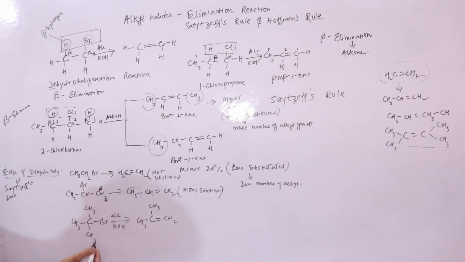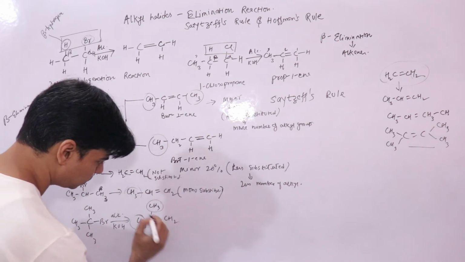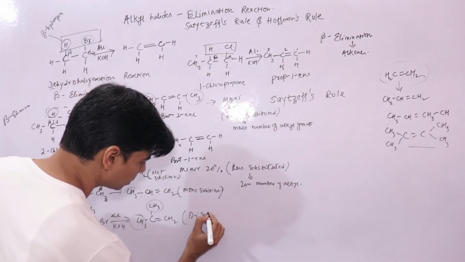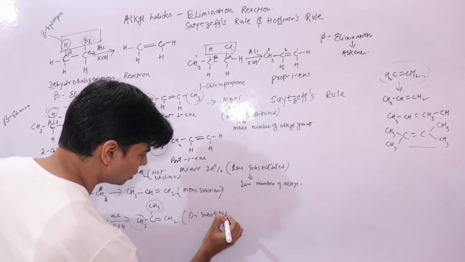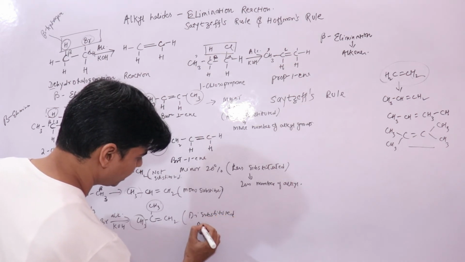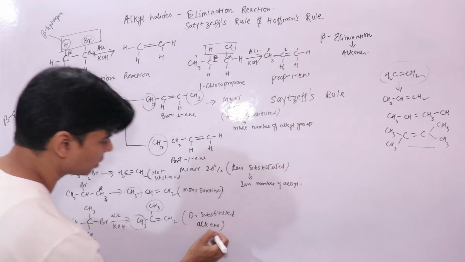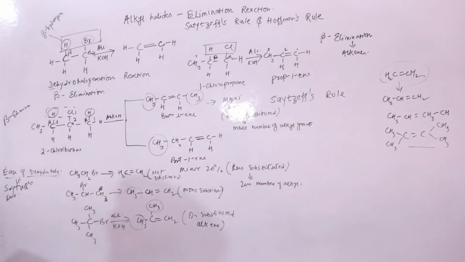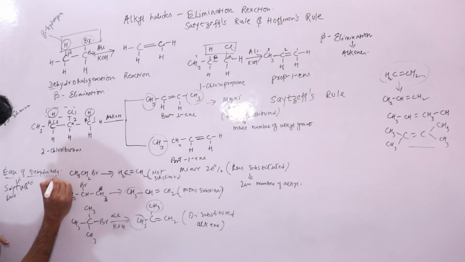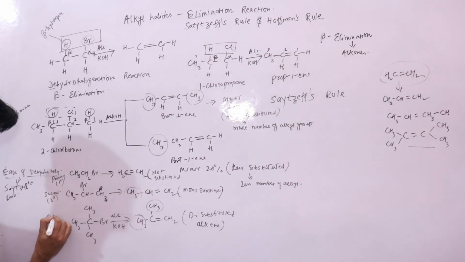One Br would be eliminated, one hydrogen would be eliminated from any of the beta hydrogens, right? So this is your disubstituted alkene, right? So this is your primary or 1 degree halide, this is your secondary or 2 degree halide, this is your tertiary or 3 degree halide.